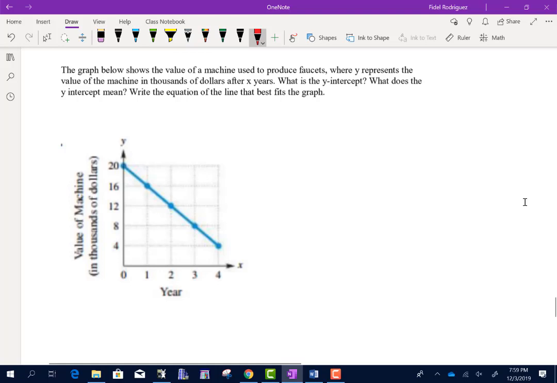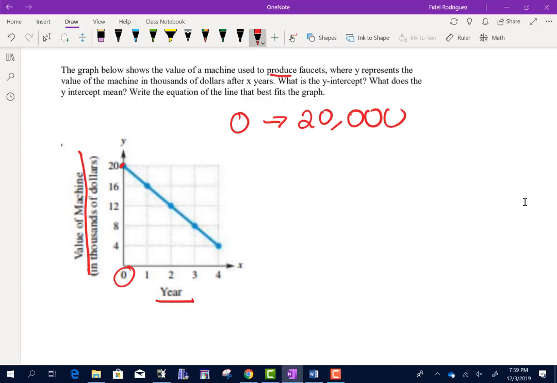All right. So, guys, here's the year, and here's the value, right? So in year 0, what's the value of that machine? 20,000, right?